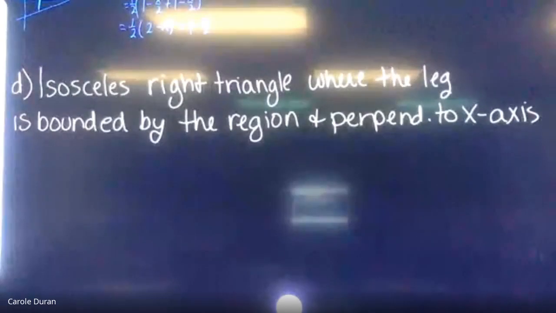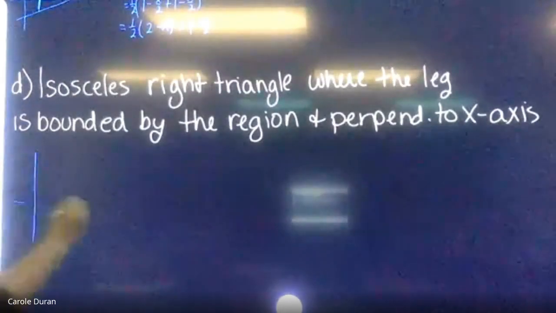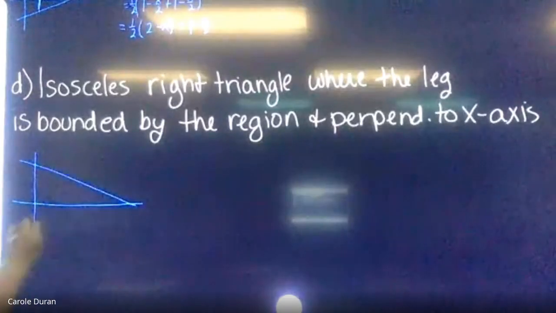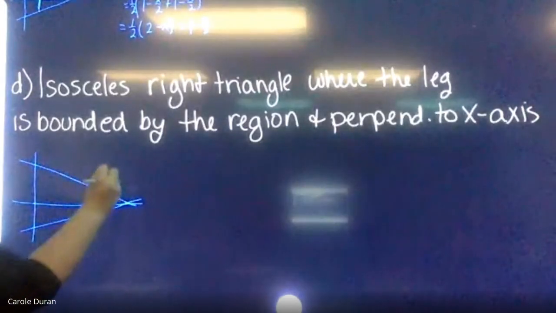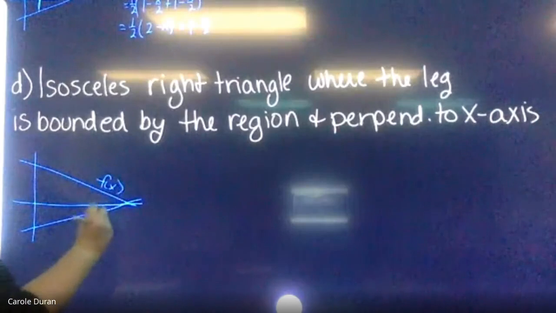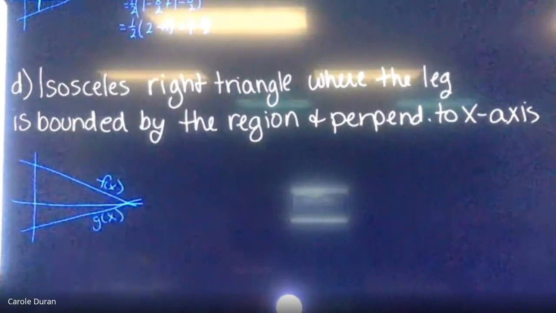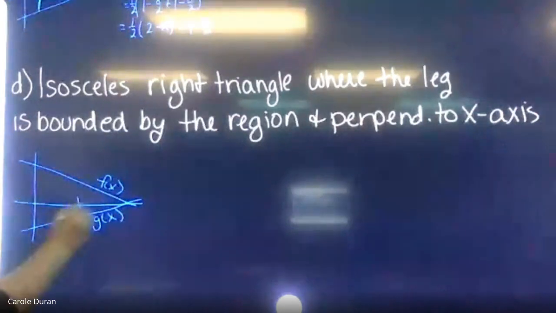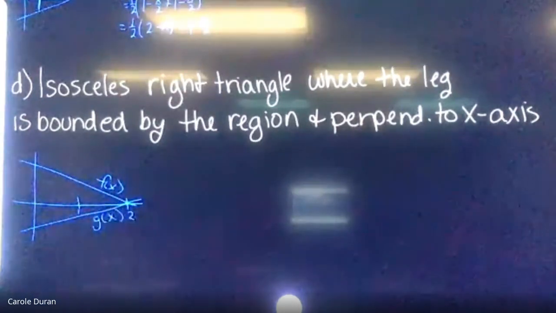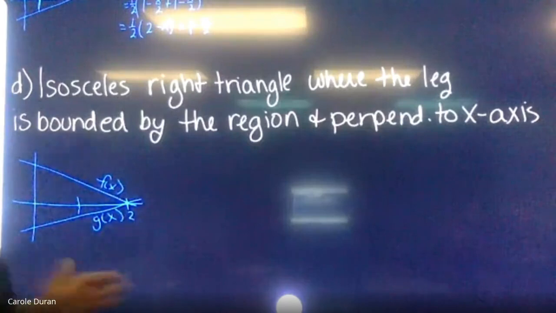So we're still using those same functions. If you want to draw the picture, you don't necessarily have to. The biggest thing here is I have to understand the placement of this isosceles triangle.